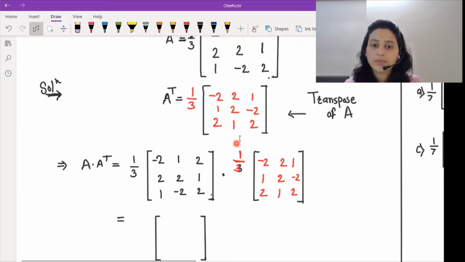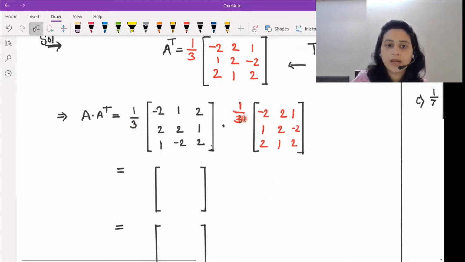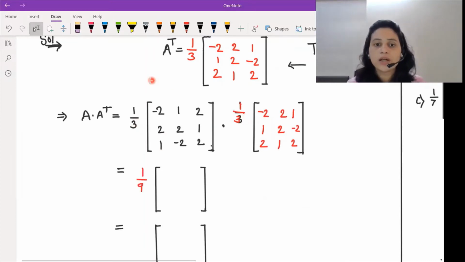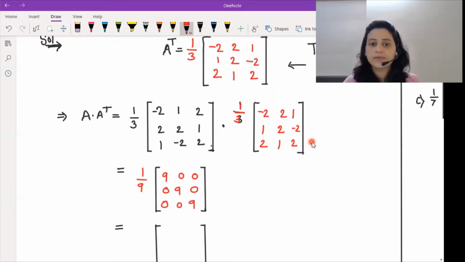Now I'm going to take the product. Here this constant 1 upon 3 and 1 upon 3 will become 1 upon 9, and after taking the product, minus 2, first row, first column, first row, second column, first row, third column. In 11th standard you must have come across this multiplication of matrices, right?